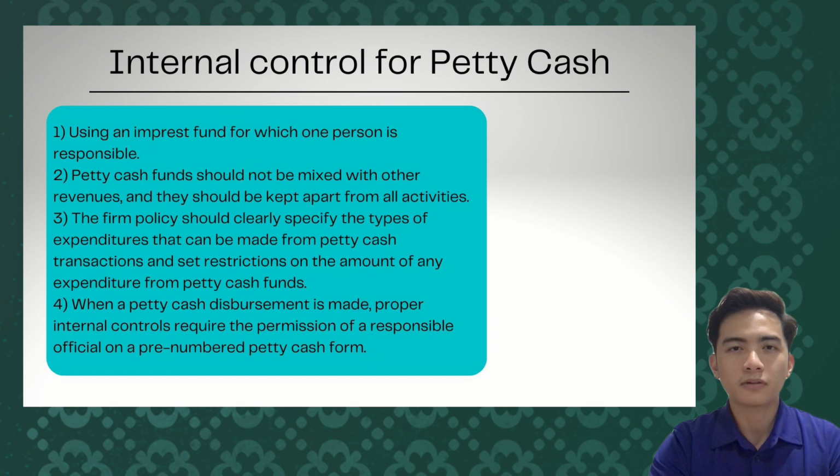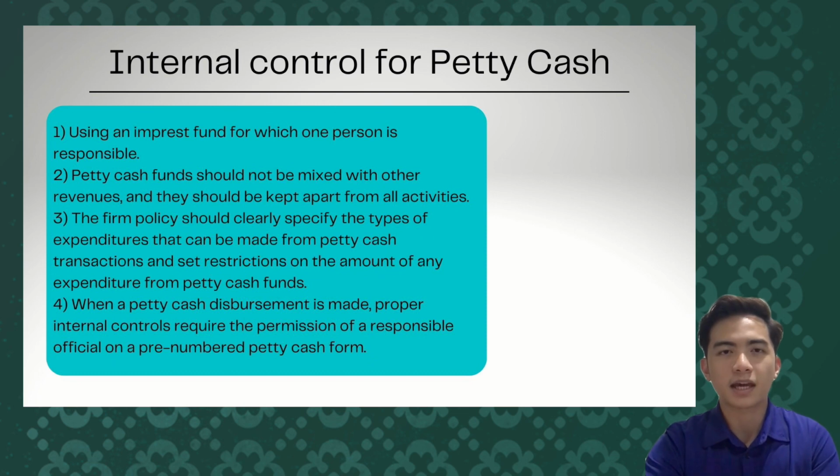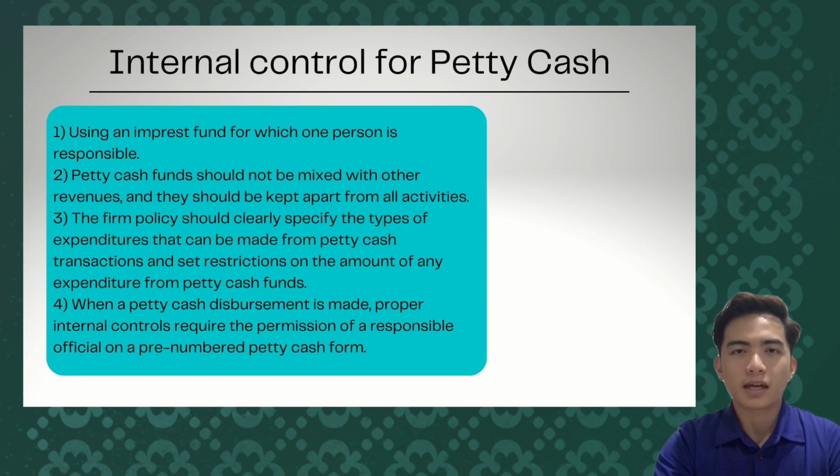The total of the actual cash and checks in the fund plus the total of reimbursed petty cash vouchers that represent expenditures should equal the amount of the petty cash fund stated in the general ledger.